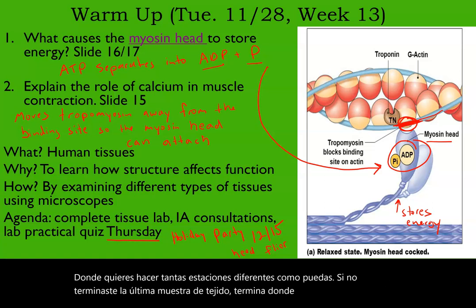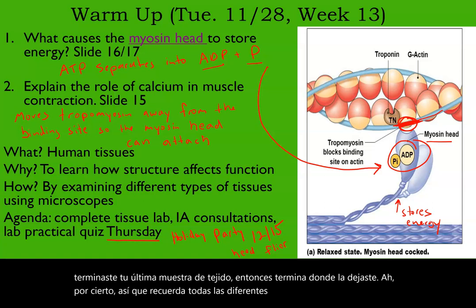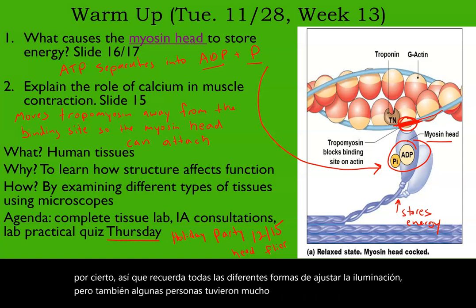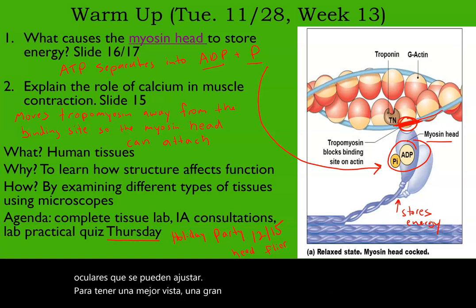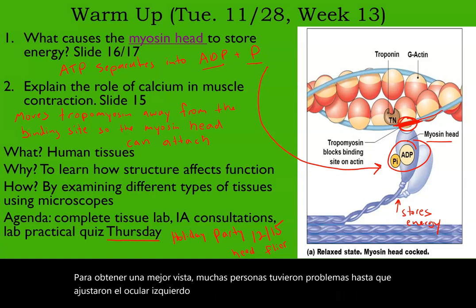Oh, by the way, remember all the different ways to adjust the lighting, but also some people had a lot of success with one of those eyepieces that you can adjust to get a better view. A lot of people had trouble until they adjusted that left eyepiece to really bring both in tune. So I really want you to focus through both.